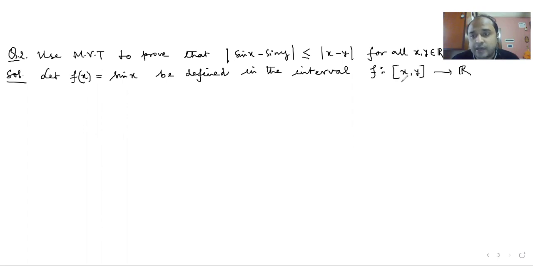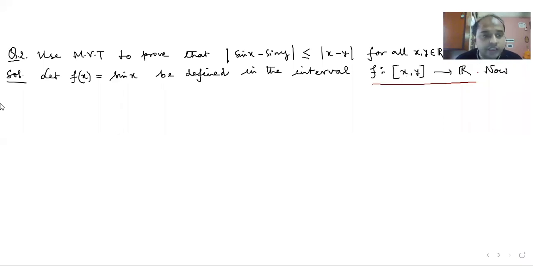In this particular case I have selected the interval [x, y], the interval in which the function is being defined. That is the part which you have to think about.